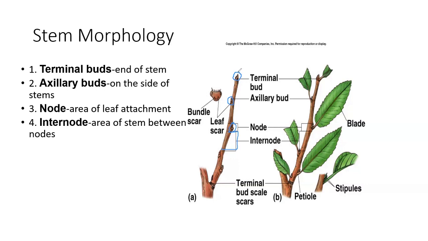And buds can either be vegetative, so they're going to be helping the plant produce more stem and foliage growth, or they can be reproductive buds. And that's where they're going to be producing flower and eventually fruit, hopefully.